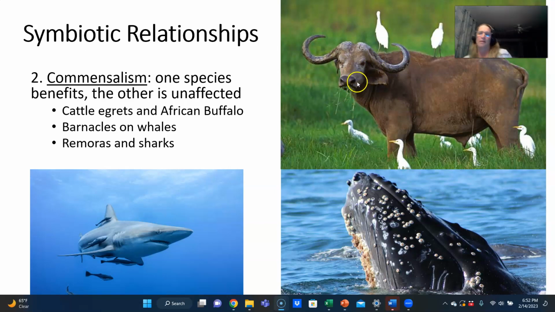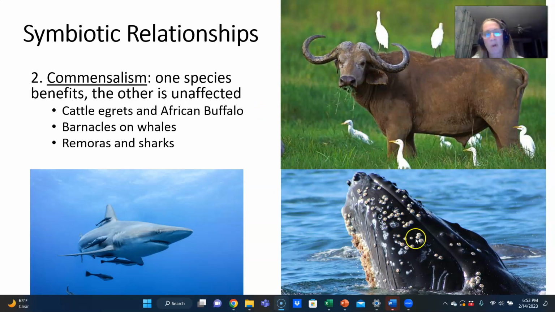But as the African buffalo or cow or whatever you happen to be talking about is grazing, it's disturbing some insects and other critters in the grass. And so those become exposed, and the cattle egrets now have the food that becomes much more available to them because the insects are sort of disturbed by the grazing of the African buffalo. So the species that is benefiting in this case is the cattle egret, and the buffalo is not impacted in a positive or negative way.